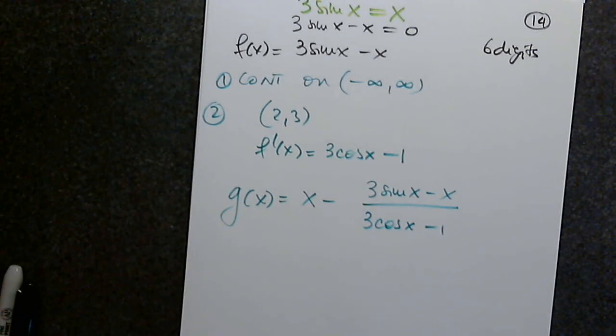Which one do you like to be x0? 2. Okay, fine. So let's go to y equals. Make sure you insert x there, then minus, then parentheses for the top, and we already have the top. Divide by, in parentheses, 3 cosine x minus 1.